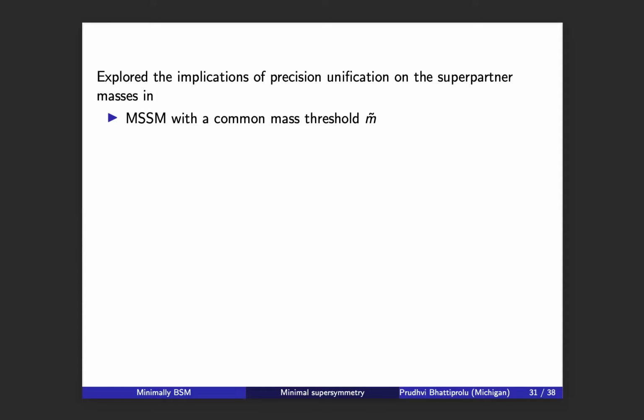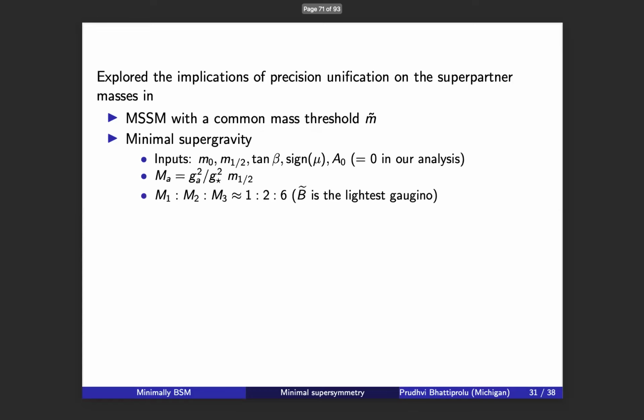One is the MSSM with a common mass threshold M tilde, and I'll also do it in minimal supergravity, where there are 5 inputs at the GUT scale. One is a unified scalar mass, M0, and a unified gaugino mass at the GUT scale. There is tan beta, which is the ratio of the VEVs of the Higgs doublets, the sign of the Higgsino mass parameter, and then a universal scalar trilinear coupling, A0.